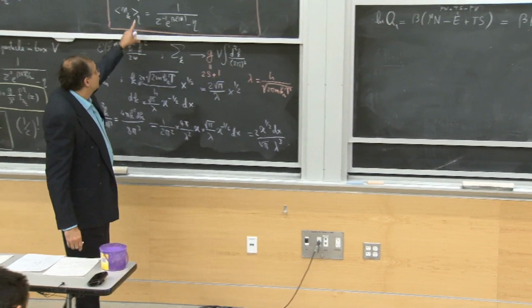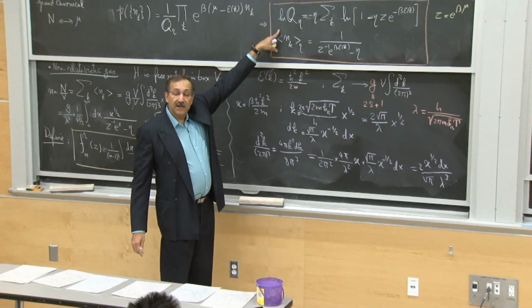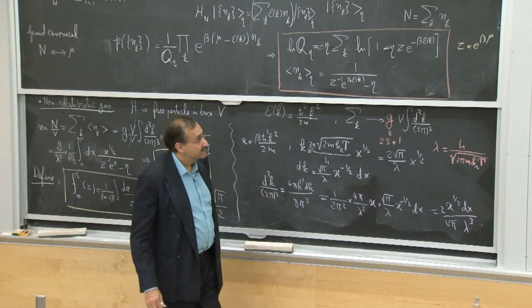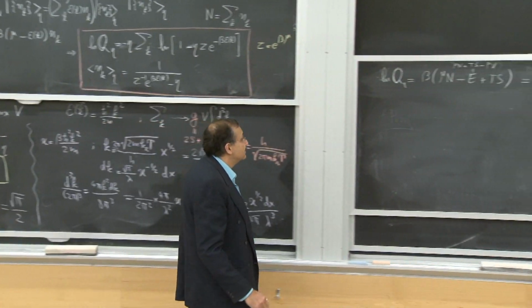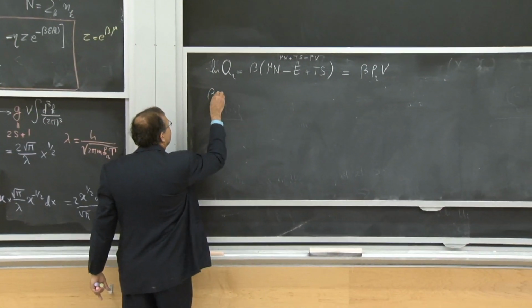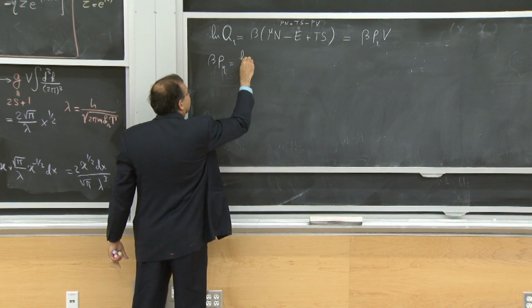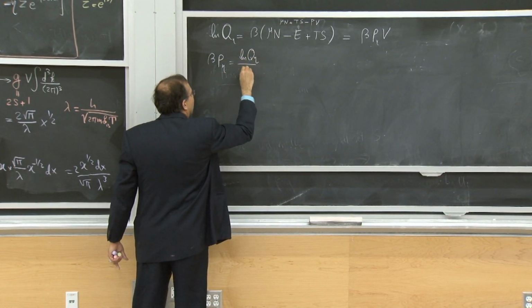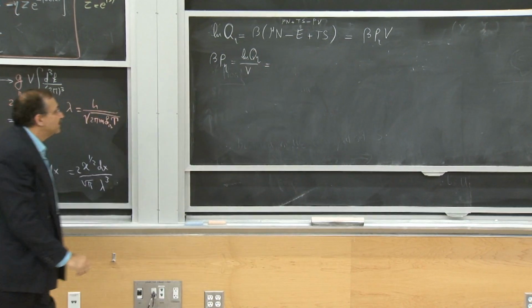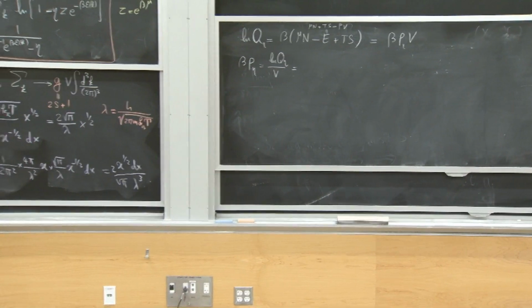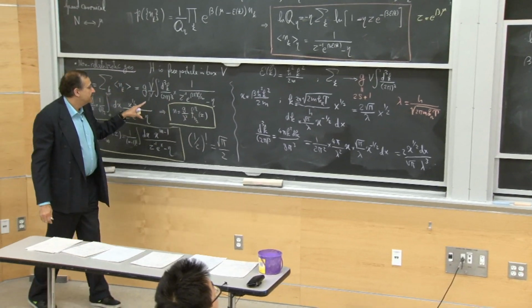But it can be calculated from the kind of sum that we have over here. So let's do that. So I have beta P, which is something like log Q divided by V, obtained by doing this sum over k over V.